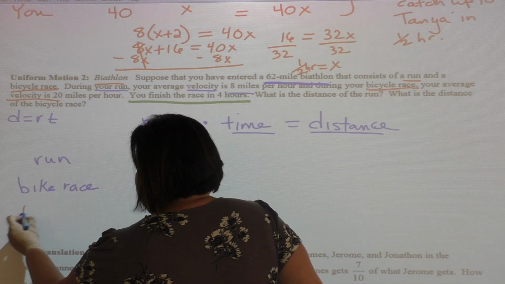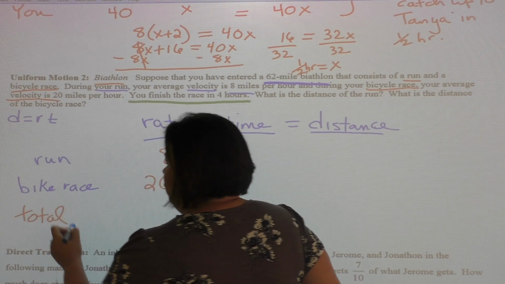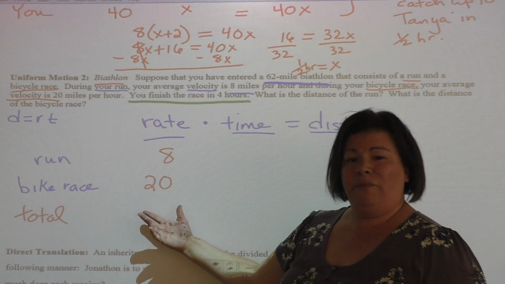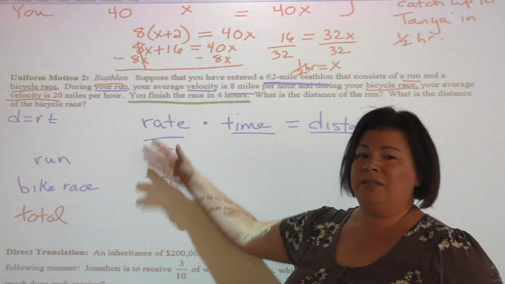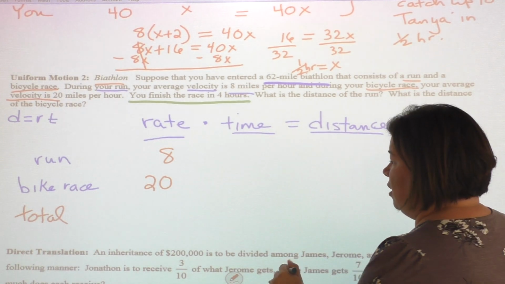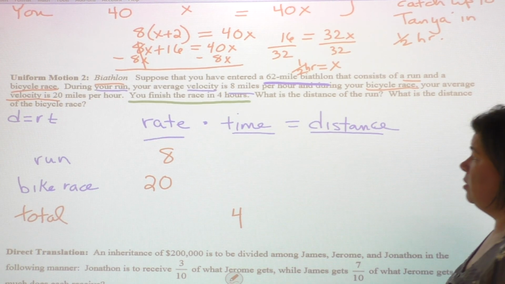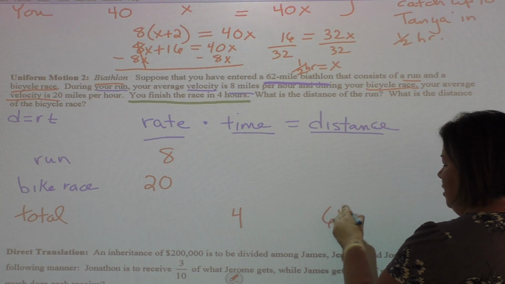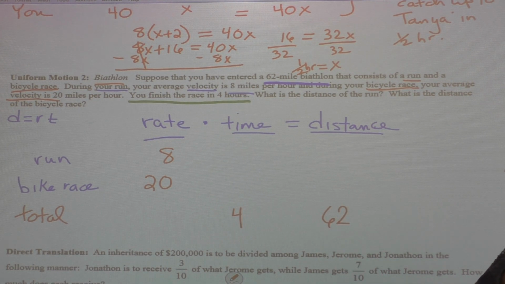So we're going to want to add a little row here for our total. It doesn't make sense to put what a total rate is because that's all independent of each other. But the time of the biathlon, the total time, was 4 hours. And the total distance of both events together was 62 miles.